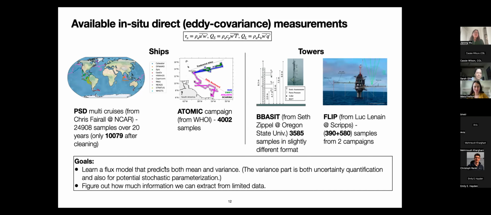So right now we have these ship measurements, and this is PSL multiple cruises data from Chris Fairall and his team. This dates back to the 1990s, so it's over 20 years, multiple cruises, and there are about 20,000 hourly averaged samples, but only half of that remain after I cleaned out all the bad numbers.